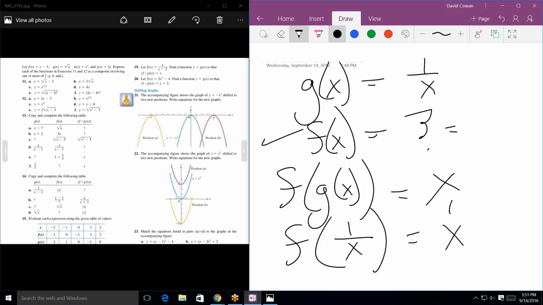In other words, what I meant was let's try 1 over x squared there.